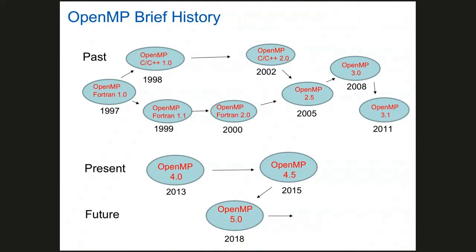Its first API specification, OpenMP for Fortran 1.0, was released in 1997. The following year, they released the version for the C, C++ standard. It actually took some time, and the first combined C, C++, Fortran version, 2.5, was released in 2005.